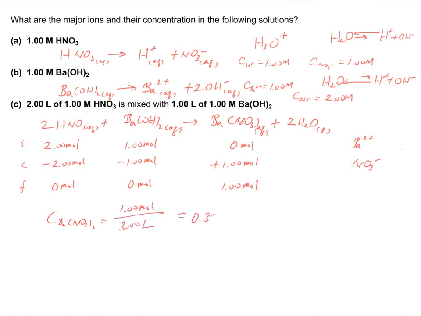It is 0.333 molar. So the concentration of barium is also 0.333 molar, but the concentration of nitrate is 2 times 0.333 molar, that is 0.66 molar.